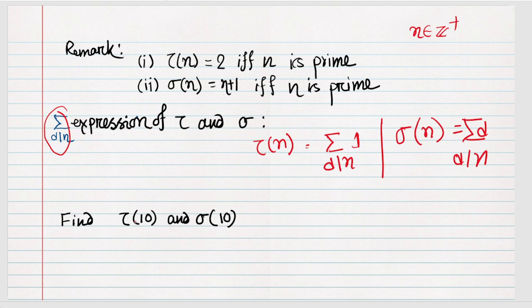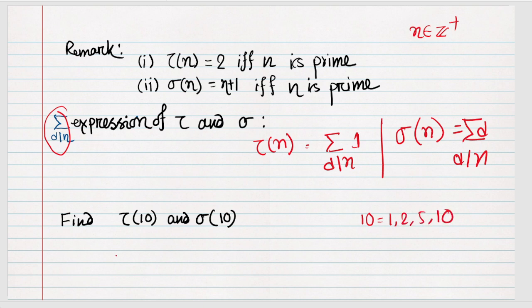Similarly, we have an example: find tau of 10 and sigma of 10. We know by our earlier methods that 10 has only 4 divisors, that is 1, 2, 5 and 10 itself.